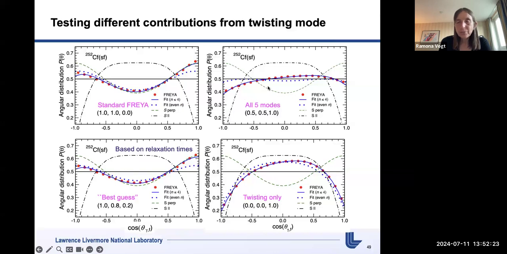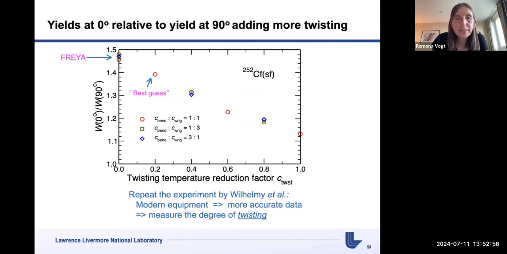But if you let all of the modes that are active, wriggling, bending, and twisting, be maximized, then you get a distribution that looks very flat. If you didn't have any wriggling and bending at all and just twisting, then you'd get this oblate kind of distribution. So you can change it from prolate to oblate just by changing the amount of twisting relative to wriggling and bending.